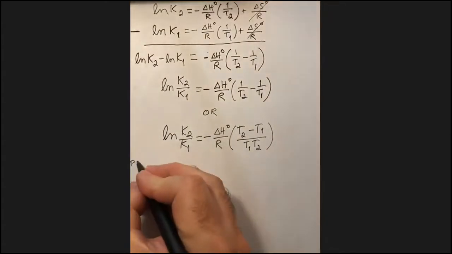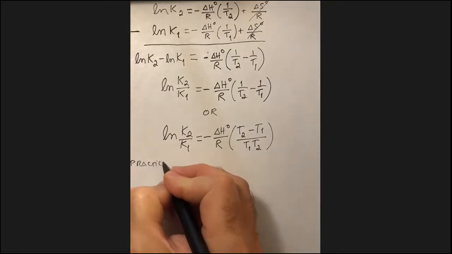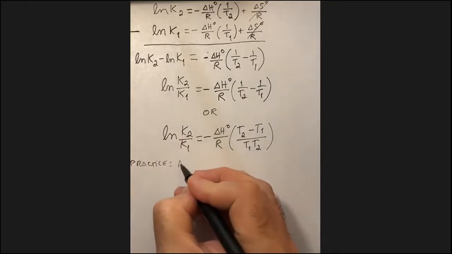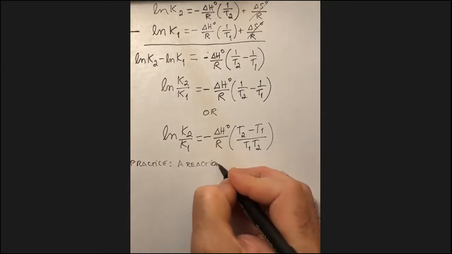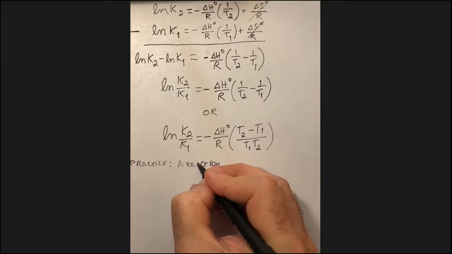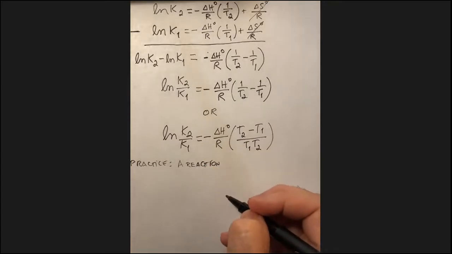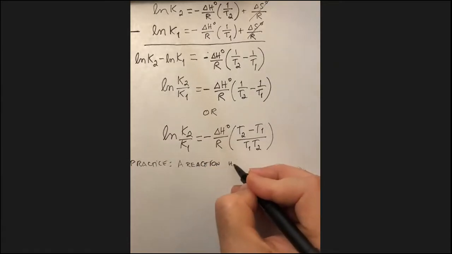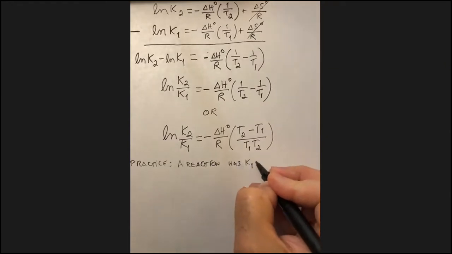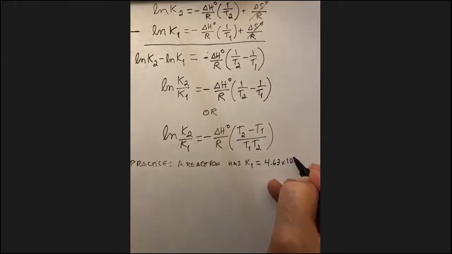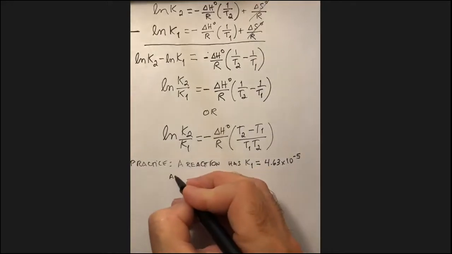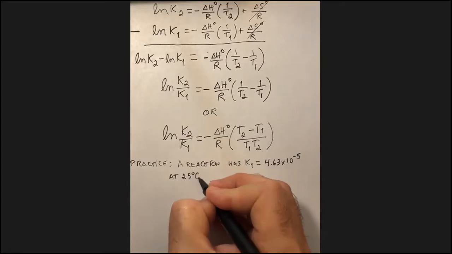Let's say a reaction has K1 equals 4.63 times 10 to the minus 5 at 25 degrees Celsius.